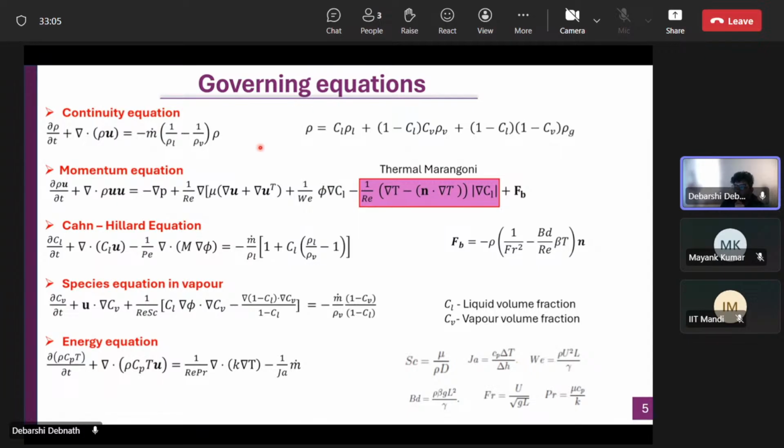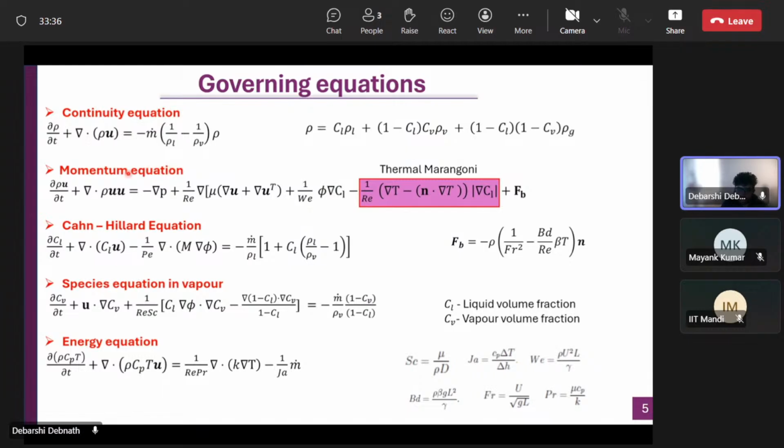And here you can see the definition of the density, how density varies in the domain with CL, the liquid volume fraction, as well as CV, the vapor volume fraction. So in our whole domain, we now have three components: liquid, vapor, and inert gas. All the properties, just like density, are functions of both CL and CV in the domain used in the simulation. Okay.